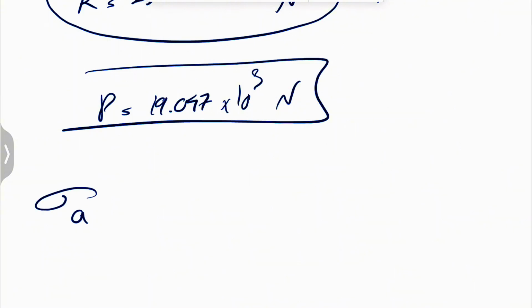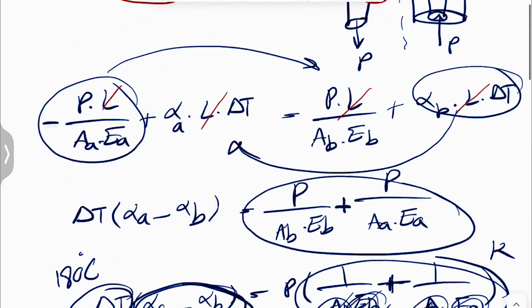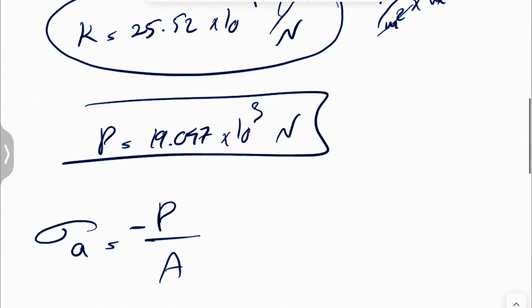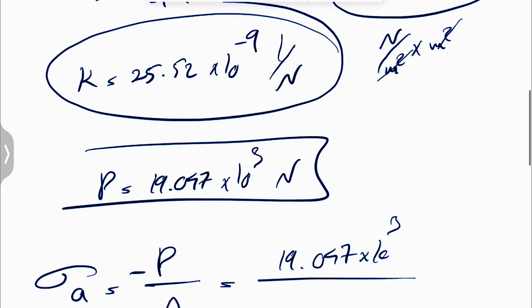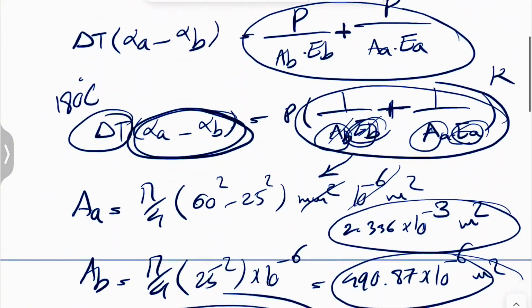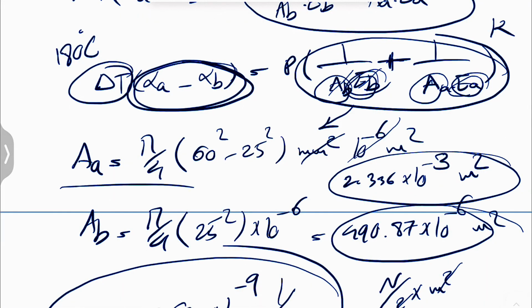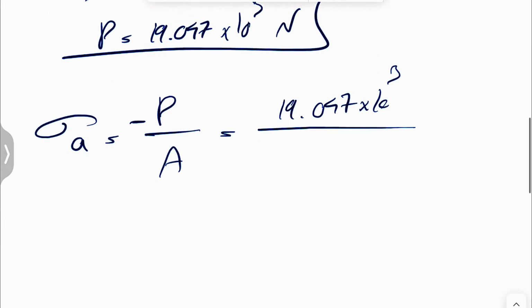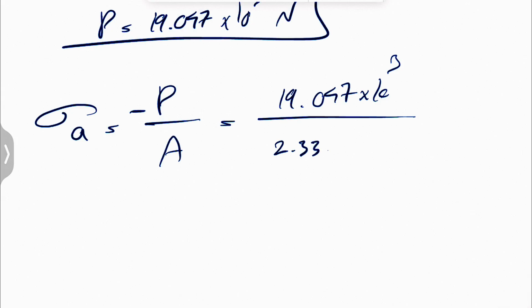And the question is asking for the stress in the aluminum, which is P over the area. Since, as we talked about, aluminum is in compression, this is going to be a negative value. So 19.047 times 10 to the 3 over the area of the aluminum, which I believe we found somewhere, this value, 2.336 times 10 to the minus 3.